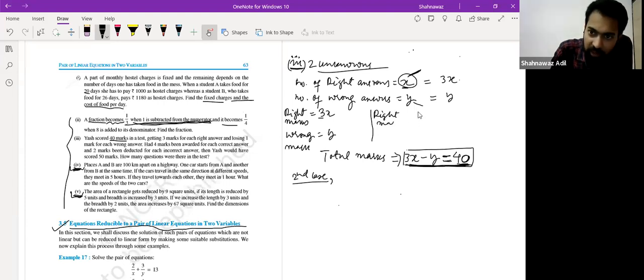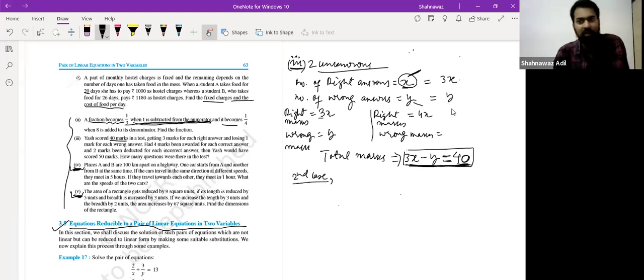And wrong marks will be how much? See, 2 marks been deducted. So -2. So how much marks for the wrong answers? He got Y wrong, -2 each. So 2Y.